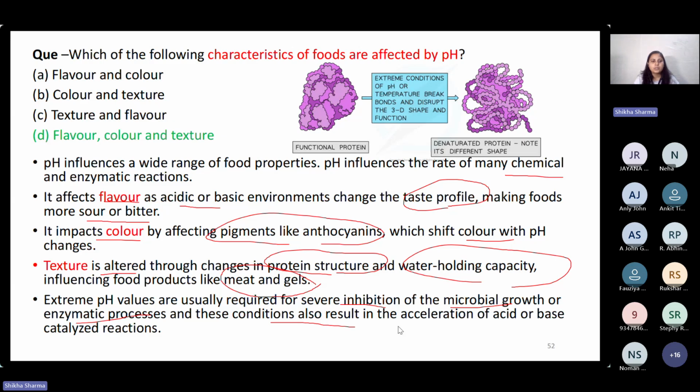So pH in short affects different pigments, and it affects the protein structures. It can also provide the condition for different chemical and biochemical reactions to take place. So it affects the flavor, color, and texture of the food.